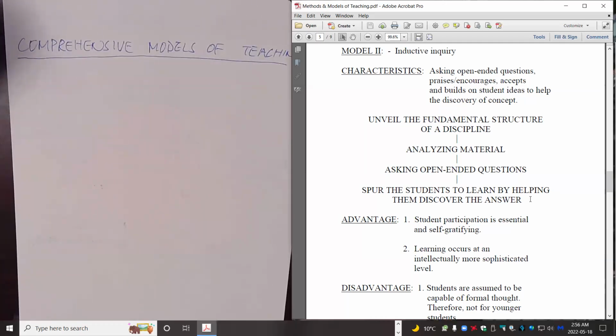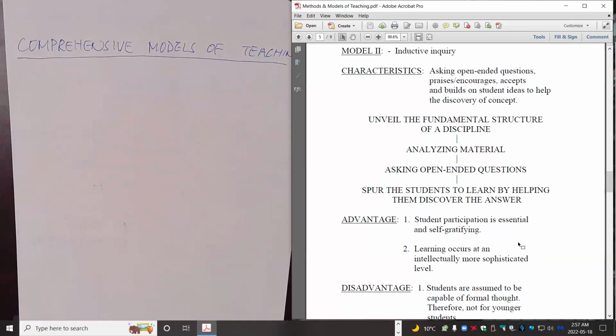So this is discovery learning, the Bruner's idea. All right. So the advantage here is that student participation is essential and self-gratifying because once they discover the concept, this is self-gratifying.